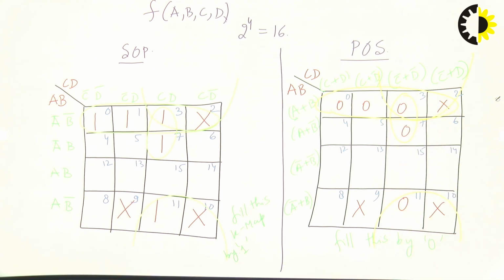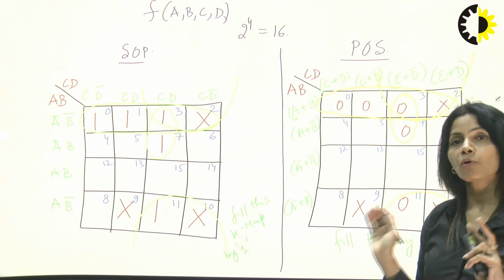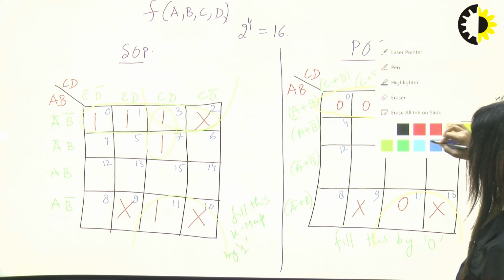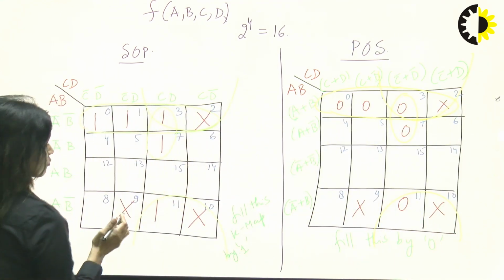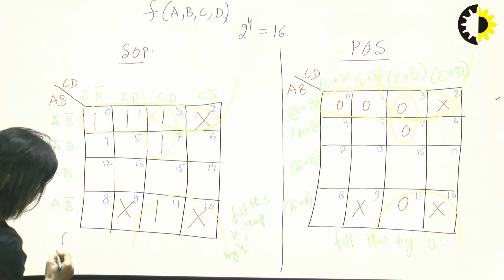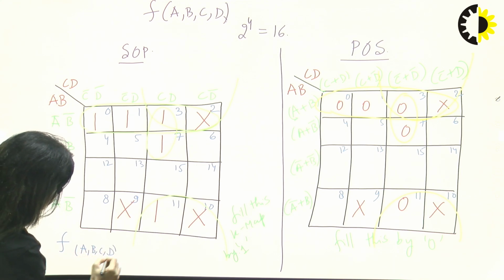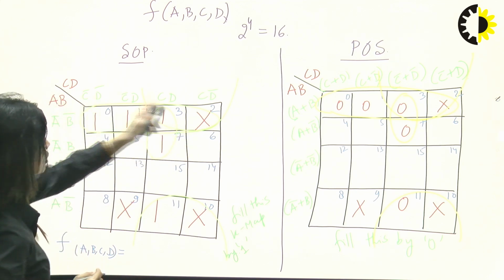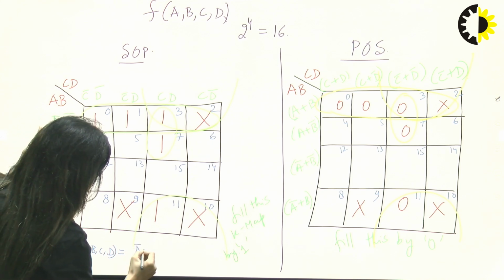Now, the final step is to write the expression. I am doing the SOP and the POS problem simultaneously, clearing the difference between the two. So here I will write the expression for this particular problem. I will be writing f of ABCD. This is the row for A bar, B bar. All the variables are changing, so I will write it as A bar, B bar.